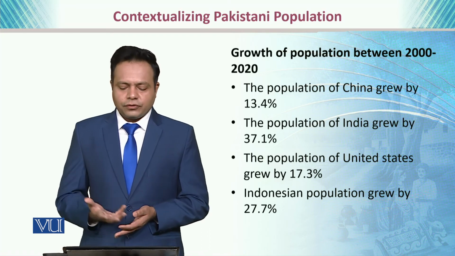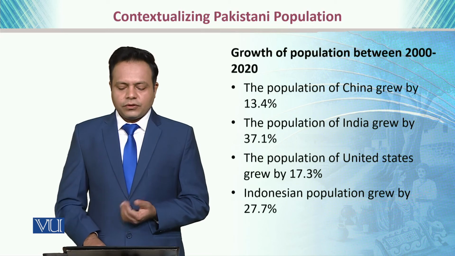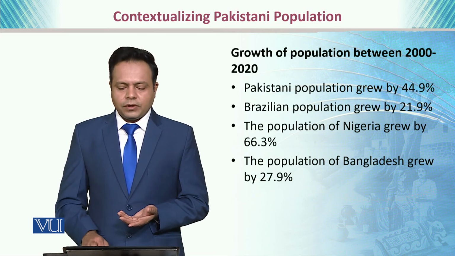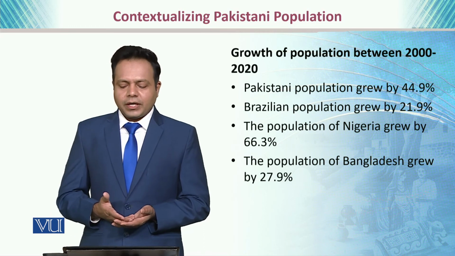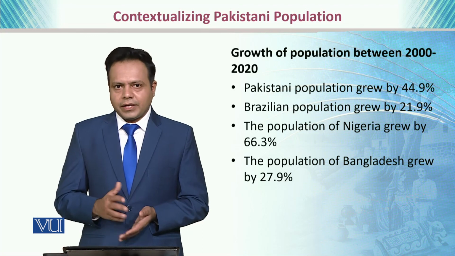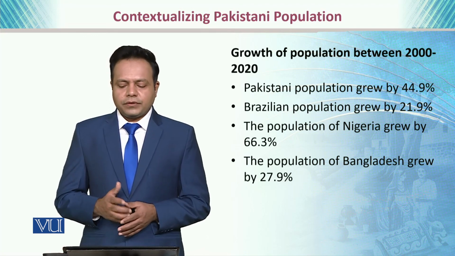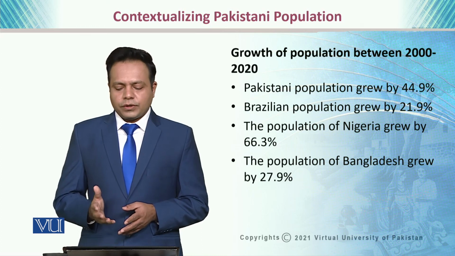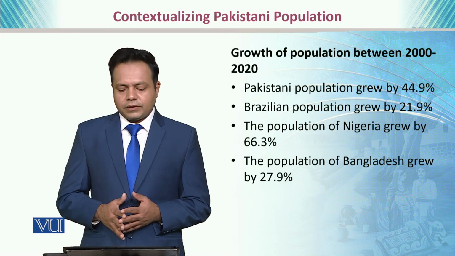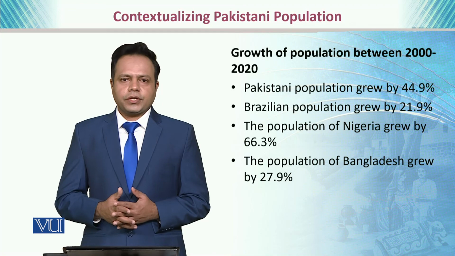The population of the United States grew by 17%, whereas the Indonesian population grew by 27.7%. The Pakistani population, as you will see, has a pace of growth far higher than the other countries, almost 45%. The Brazilian population grew by 22%, the Nigerian population by 66%, whereas the population of Bangladesh grew by 28%.